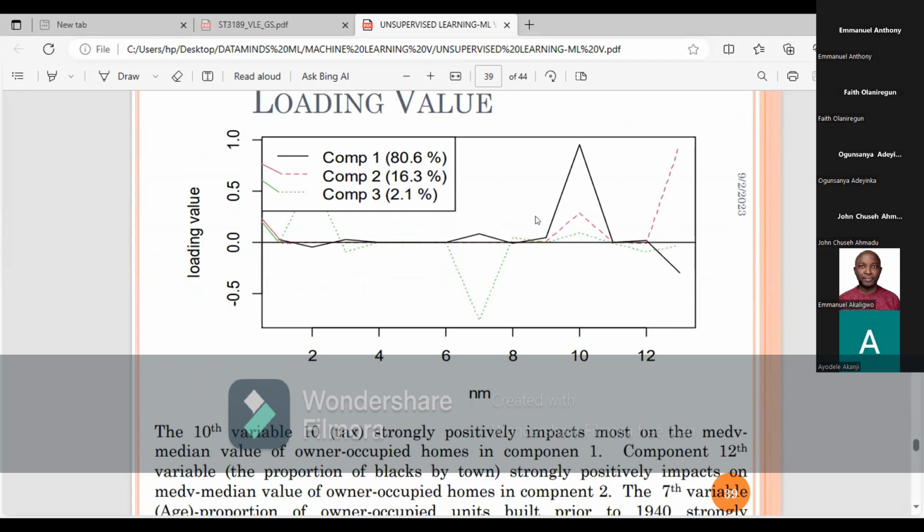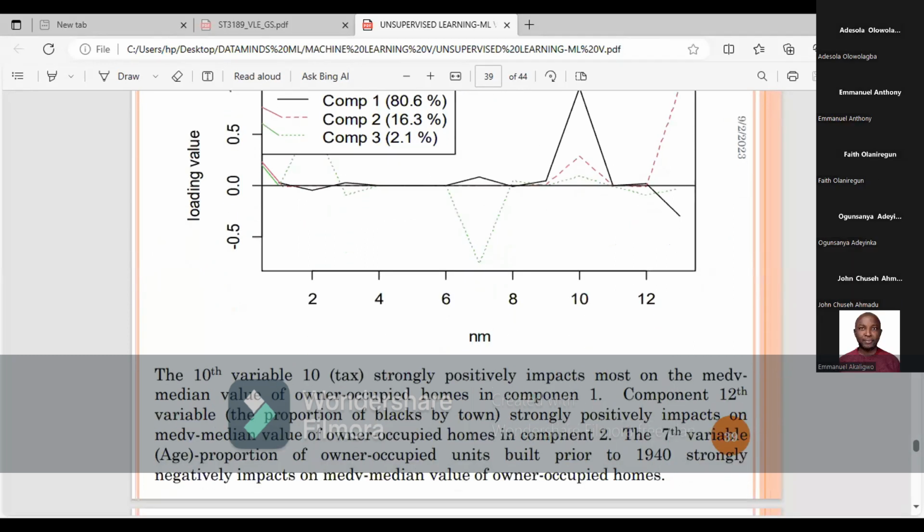You see, at this point, look at the black one, look at the key. Component 1 is represented by the thick black line, which shows that the 10th variable is most important in component 1, which is tax.